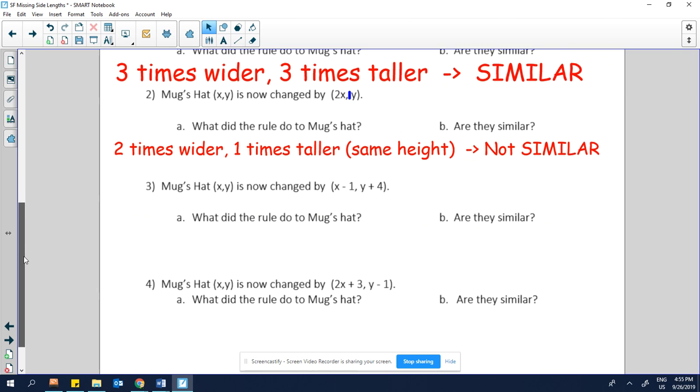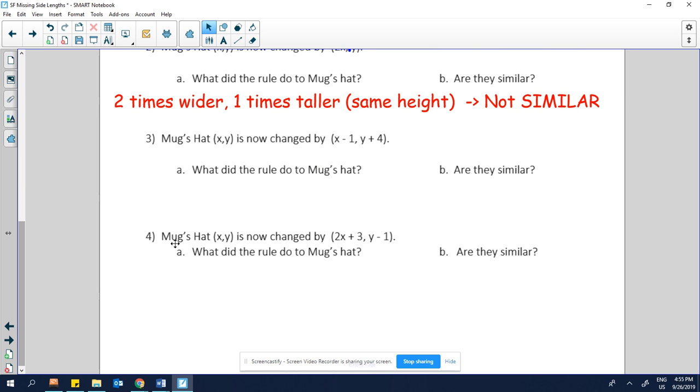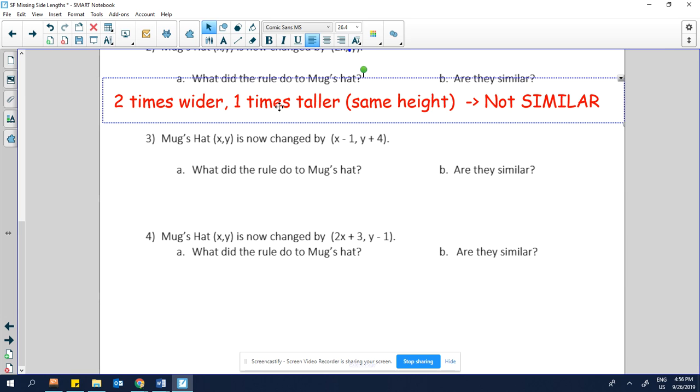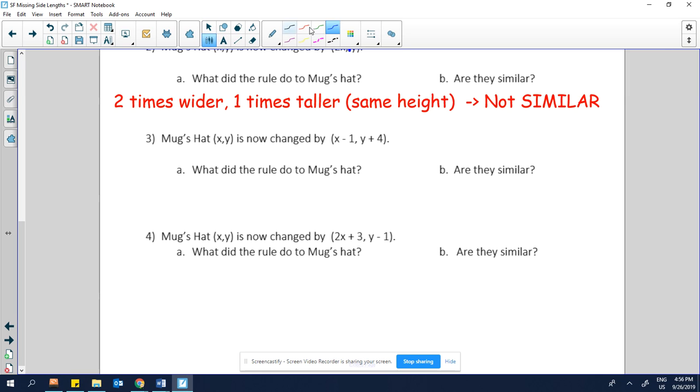Oh, now number 3 we gotta do together again because it doesn't have multiplying anymore. Now it has adding and subtracting. If you are adding and subtracting, that moves it left and right for the x values because our x-axis goes left and right, and up and down for the y values.